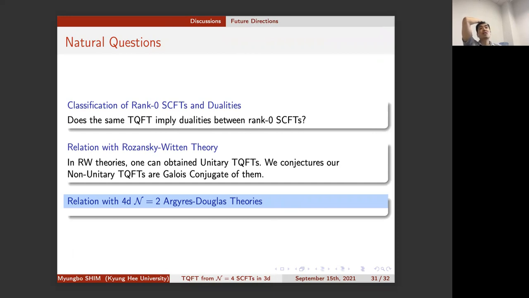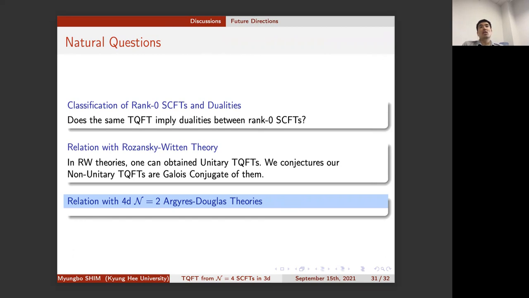For instance, if you consider the 3D N equals 4 theory with a Jordan type, like, say, adjoint with this ADHM construction with a fundamental hyper, then the Higgs branch is the instanton moduli space.